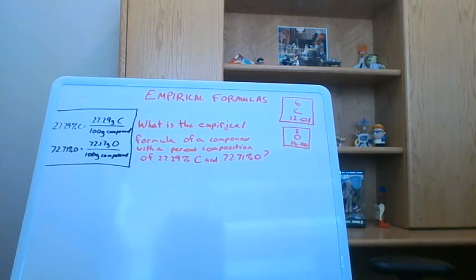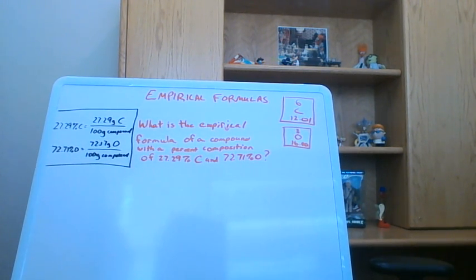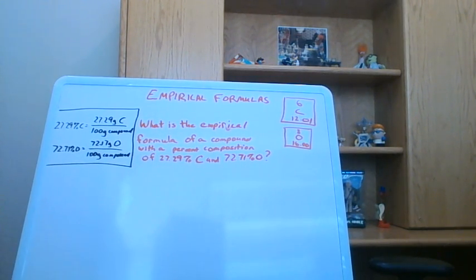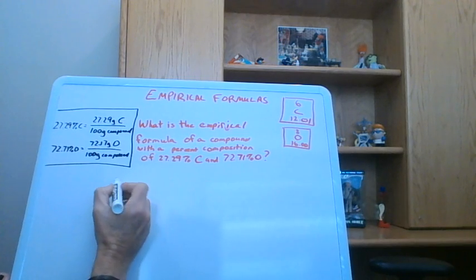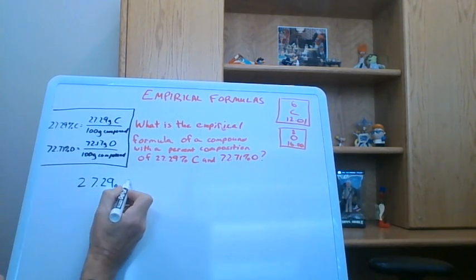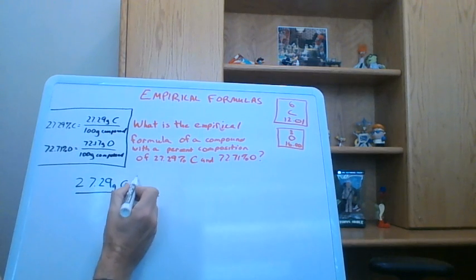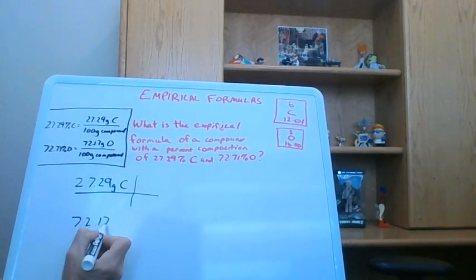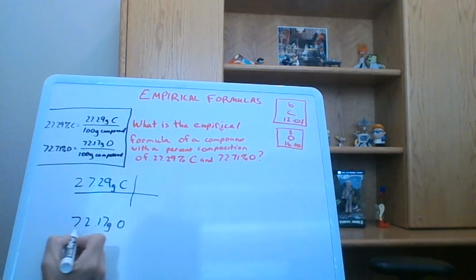So to do a problem like this, the first thing we need to do is find out how many moles of each we have. So we're going to assume we have 100 grams, so that tells us we have 27.29 grams of carbon. And we also know then that we have 72.71 grams of oxygen.